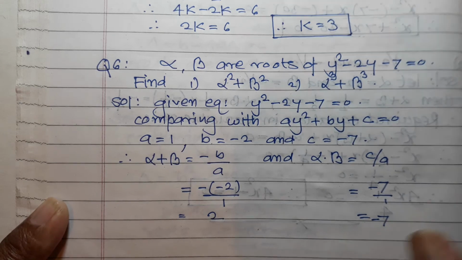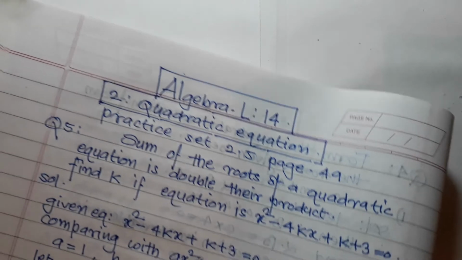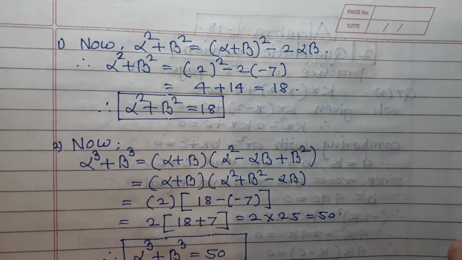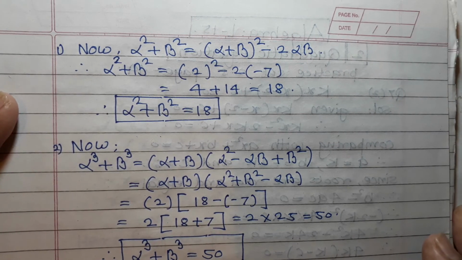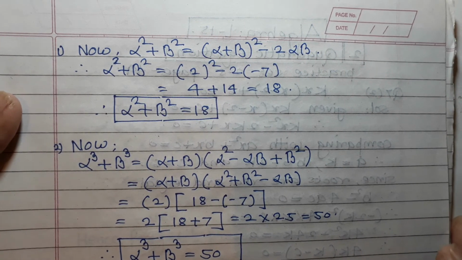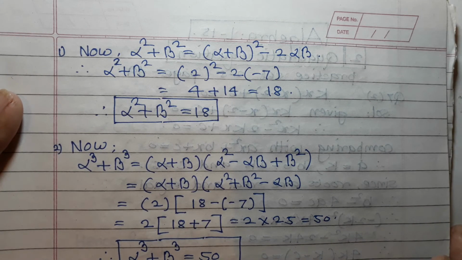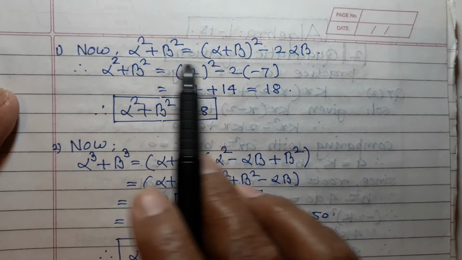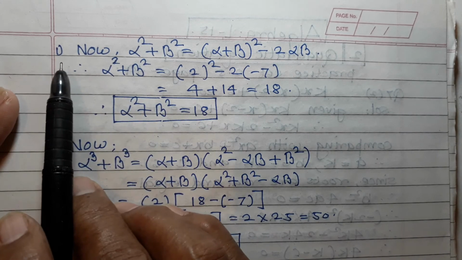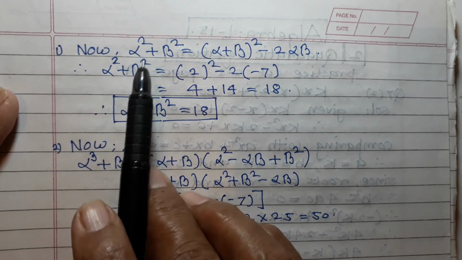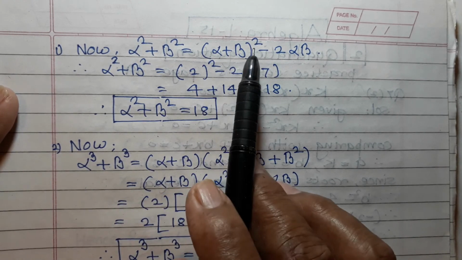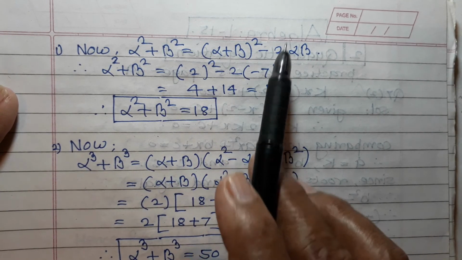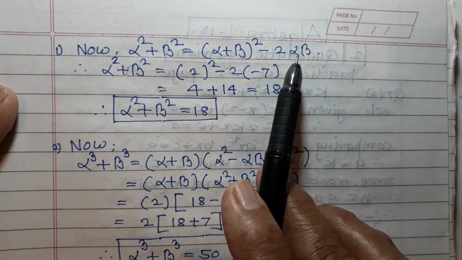Now then you find the values of alpha square plus beta square and alpha cube plus beta cube. Okay, now here I use the formula from algebra. Alpha square plus beta square is equal to alpha plus beta bracket square minus 2 alpha into beta.